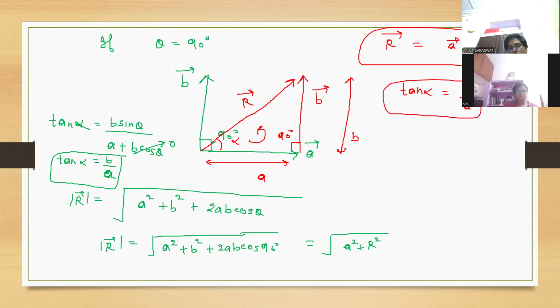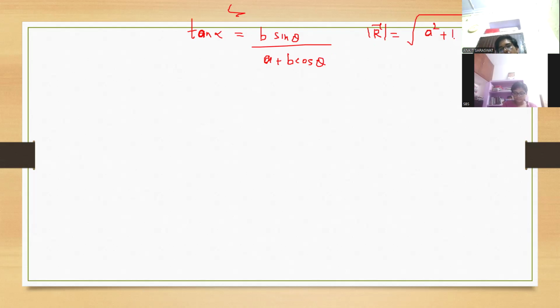My question is: tan alpha is b sin theta divided by a plus b cos theta, and the formula of mod r, the magnitude, is under root a square plus b square plus 2ab cos theta.